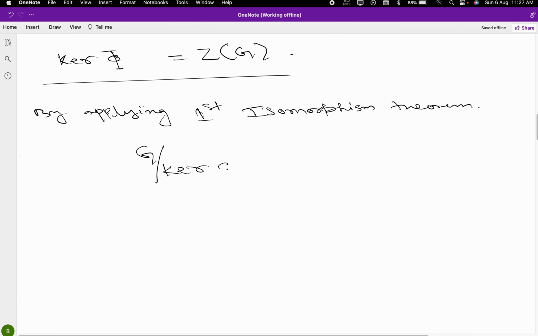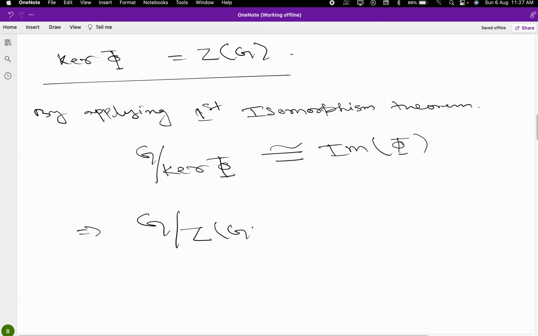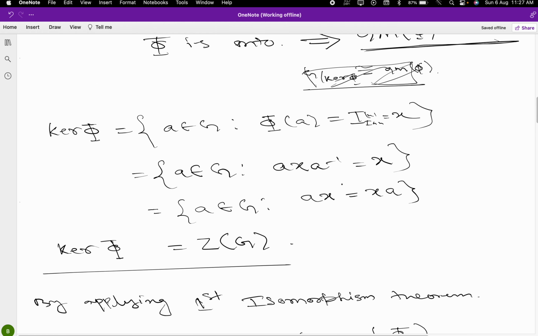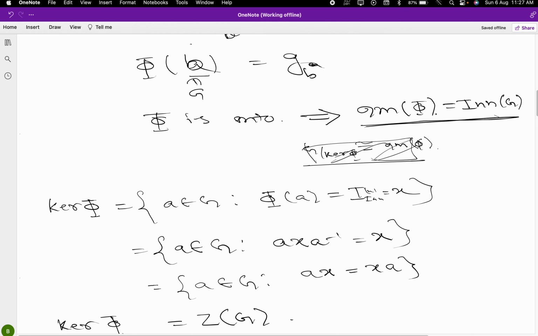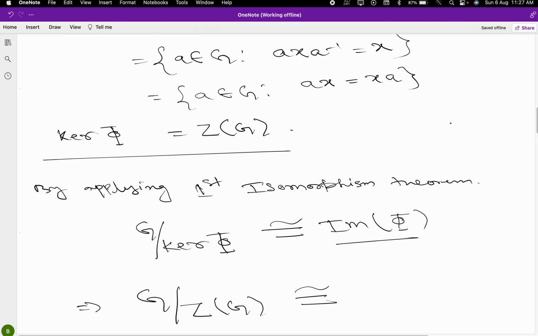G mod kernel phi is isomorphic to the image of phi. This is the first isomorphism theorem. So this implies G modulo the kernel of phi, which is Z(G), is isomorphic to the image of phi, which we have calculated to be the inner automorphism of G.